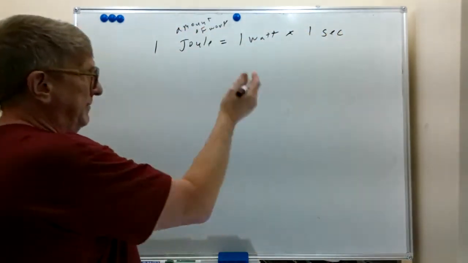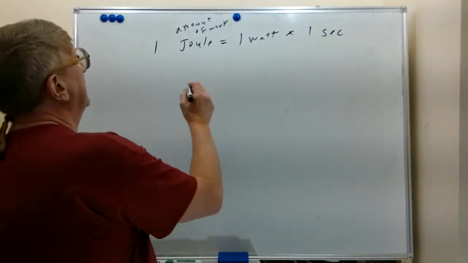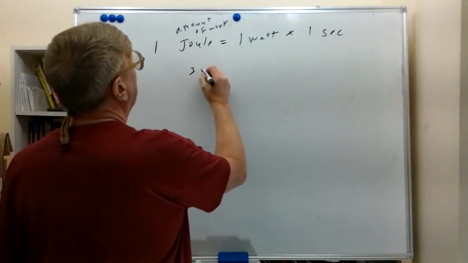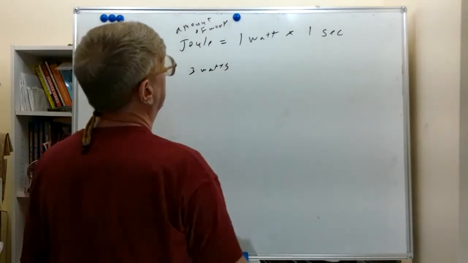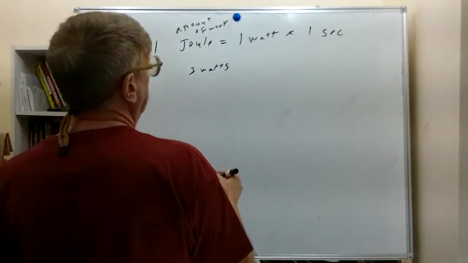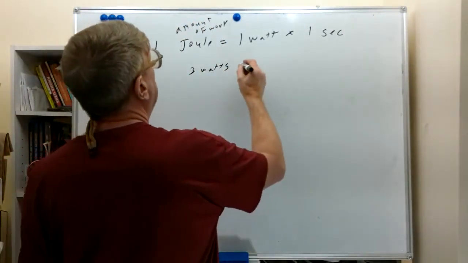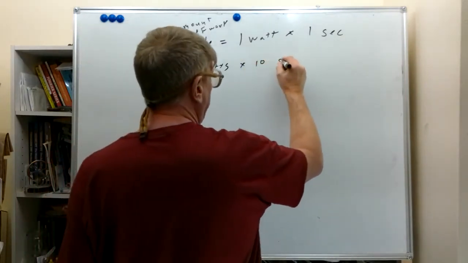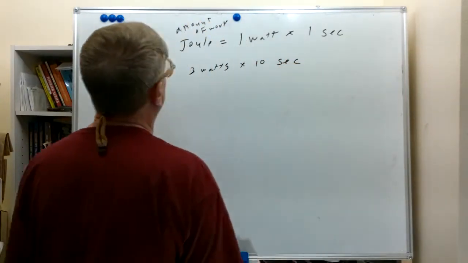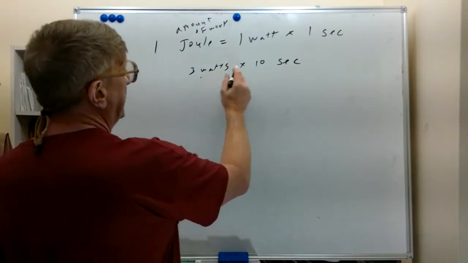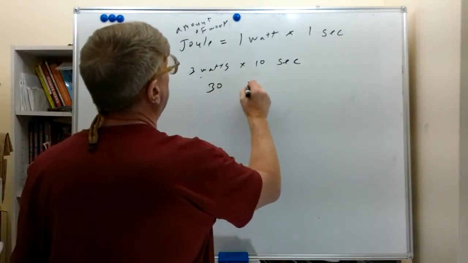So let's say we had 3 watts output, power rate, and we put out that much power for 10 seconds. How much work would we do? We would do 3 times 10, we would do 30 joules of work.